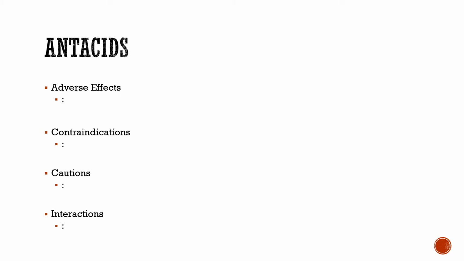There's a potential there for electrolyte imbalances if we're not taking them appropriately, especially. And then rebound acidity. So if you take them for long periods of time and then stop, you end up with rebound acidity. Your body's going to react to that neutralization by just making more stomach acid, which can be a problem.